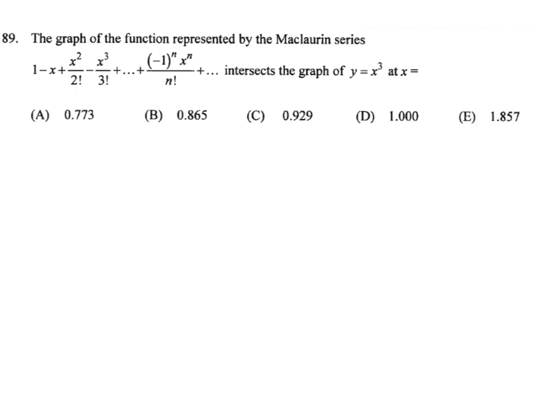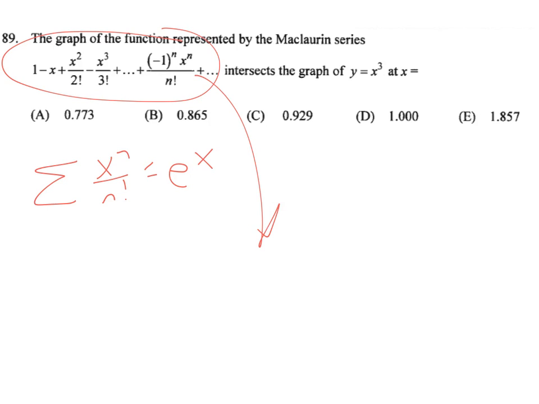It kind of looks like the sum of x to the n over n factorial, which is e to the x. However, it's alternating, and the way to get it to alternate is you replace x with negative x. So this series here is actually y equals e to the negative x.